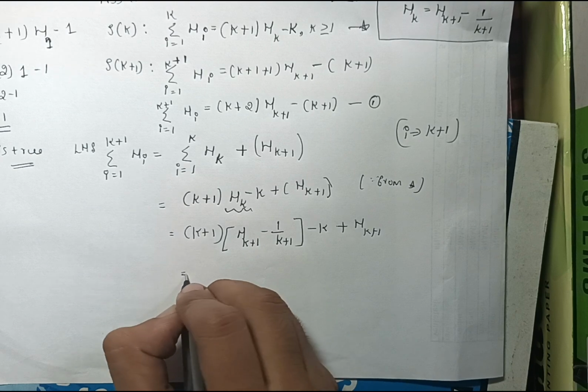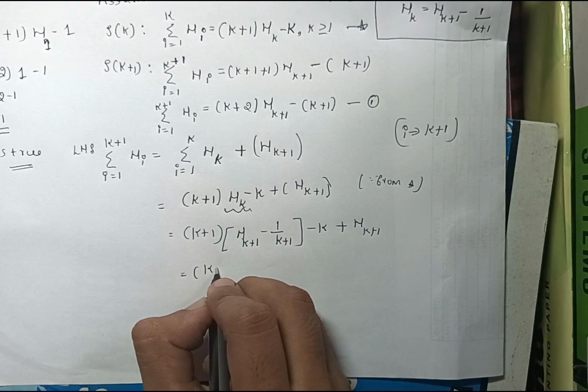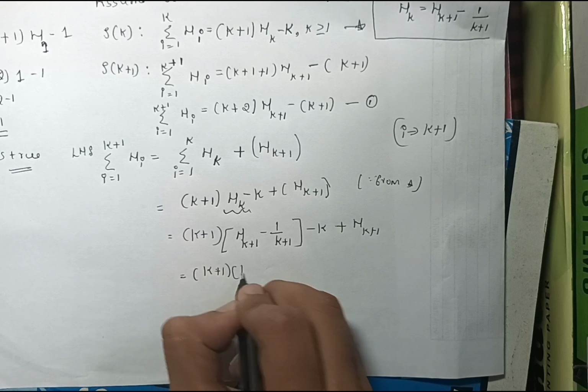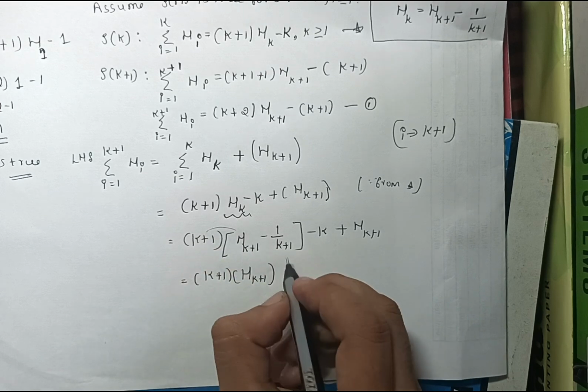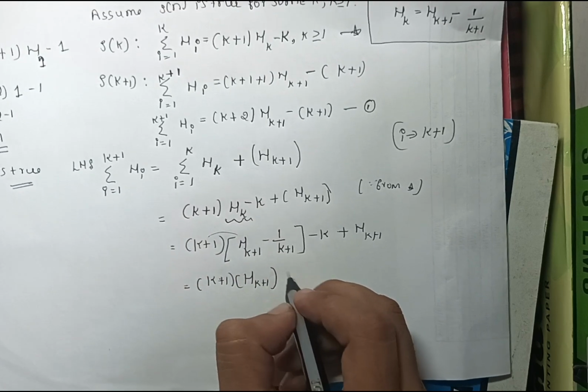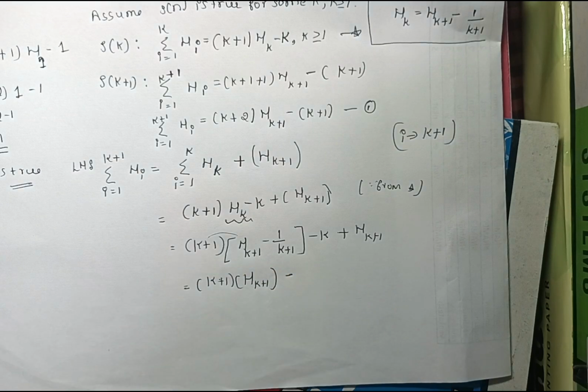Multiply this k plus 1 into h of k plus 1. Multiply this minus (k plus 1) into minus 1 by k plus 1.